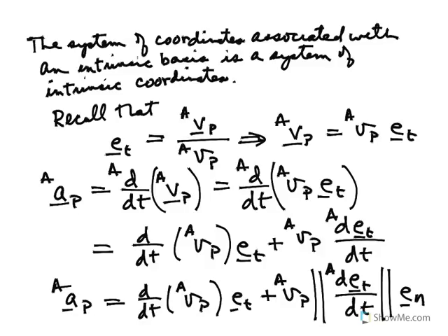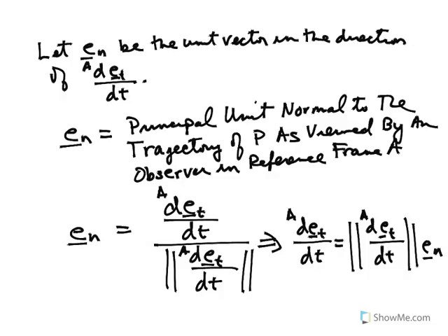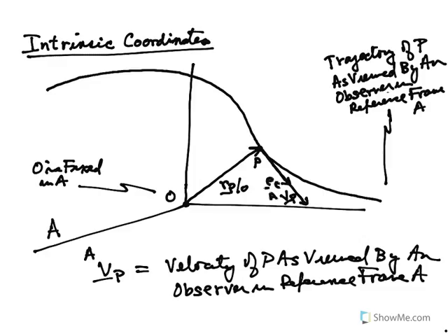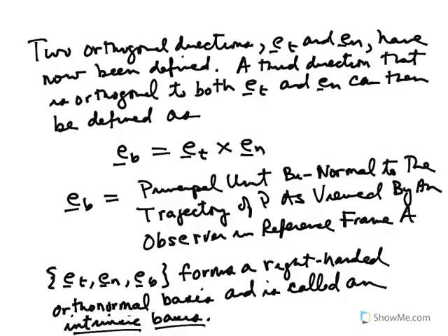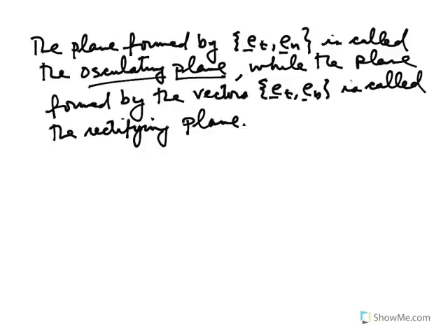So now let's go back to the diagram and finish what's in it. This direction is EN, and this direction is EB. So we can now draw everything together to describe intrinsic coordinates.